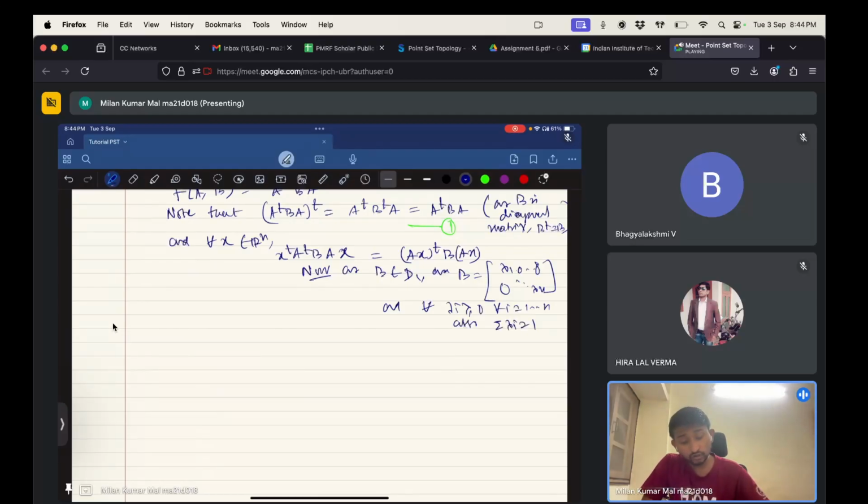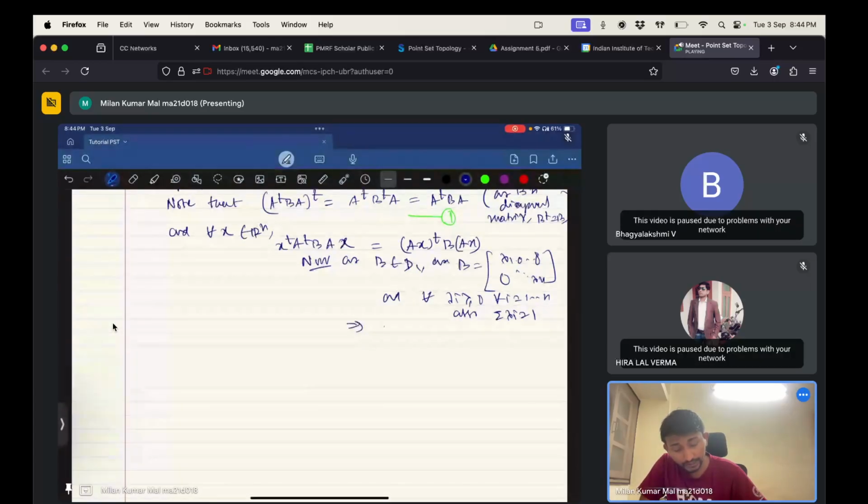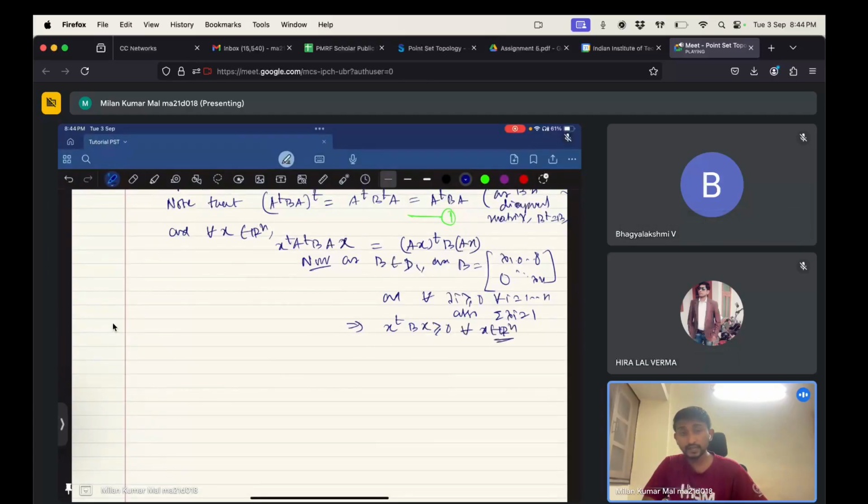So for every x, x transpose Bx is positive for all x belonging to R^n, because, as we have seen a few minutes ago, for a symmetric matrix, if every eigenvalue is positive, then we must have x transpose Ax greater than or equal to 0.